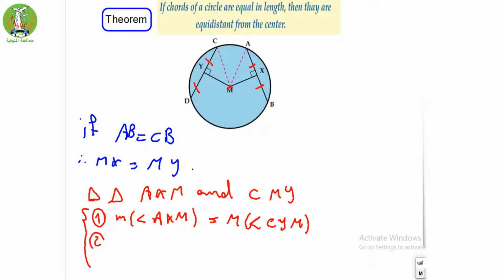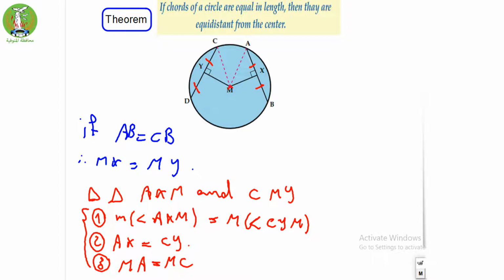Second condition, AX equals CY. And the third condition, MA equals MC. Why?